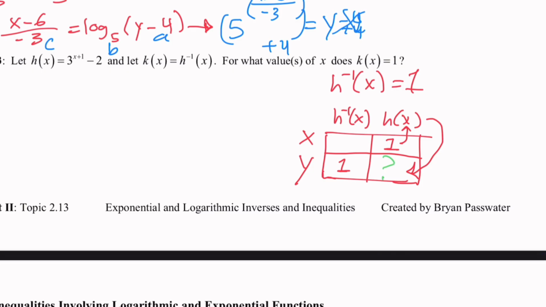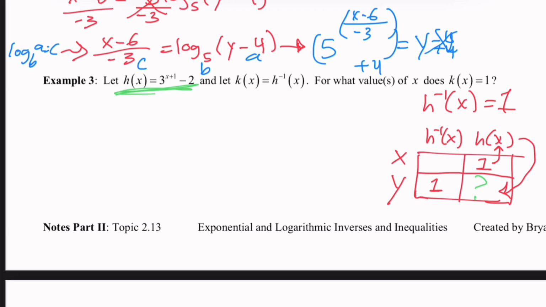We don't know it, but that y value would be the x value of the inverse equation. So we can just use the h of x equation. We don't have to solve for the inverse. We use this and plug in 1 for x.